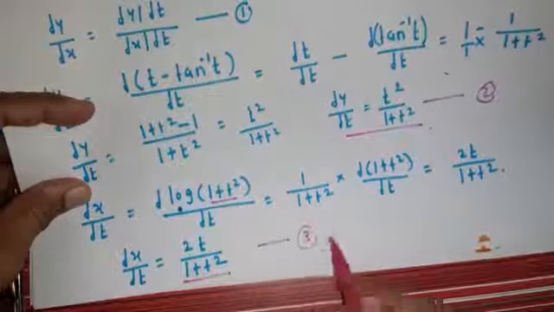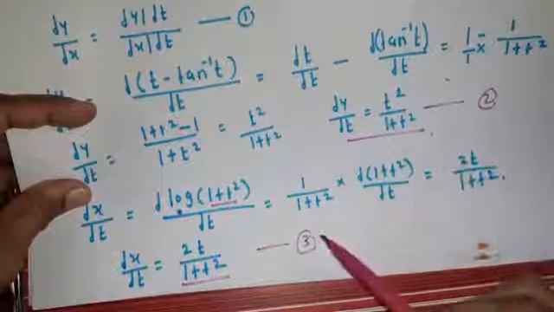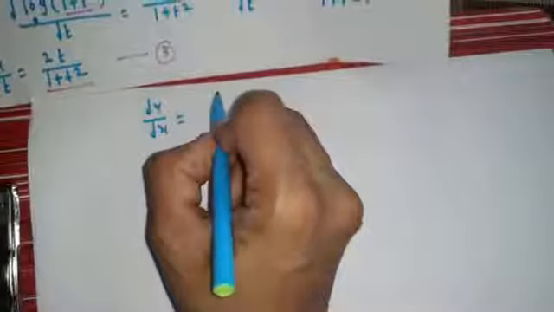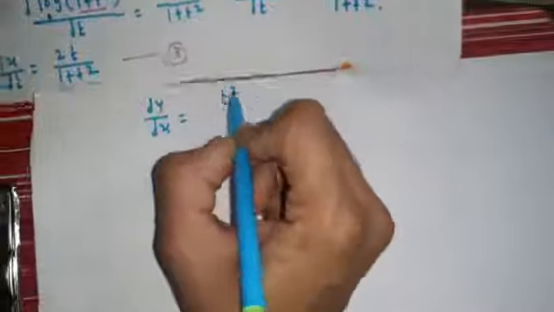This is 3. Now put the value of 2 and 3 in 1. That is, dy by dx is equal to dy by dt upon dx by dt. What is the value of dy by dt? That is t square upon 1 plus t square.